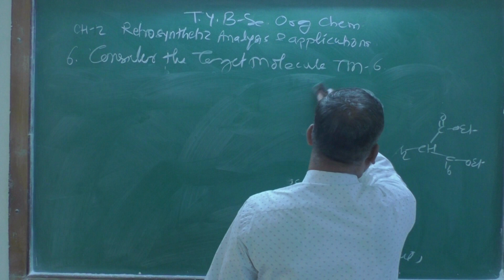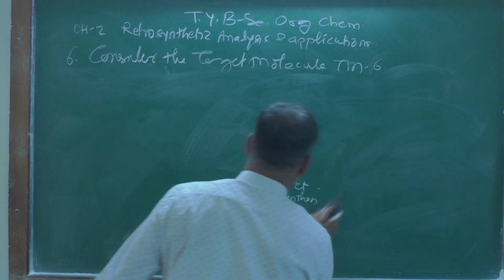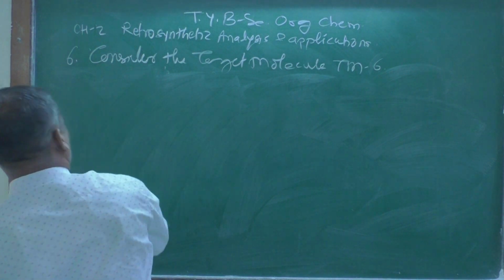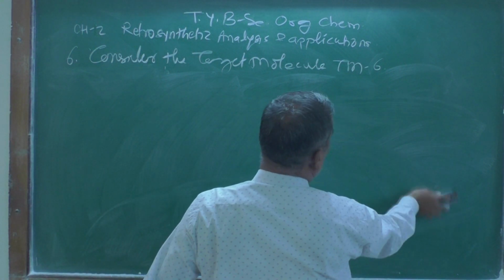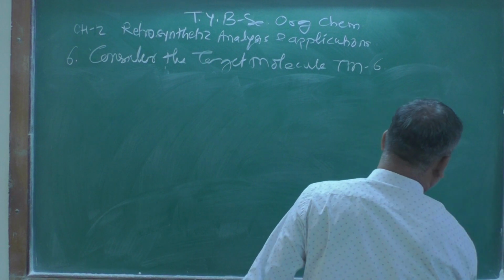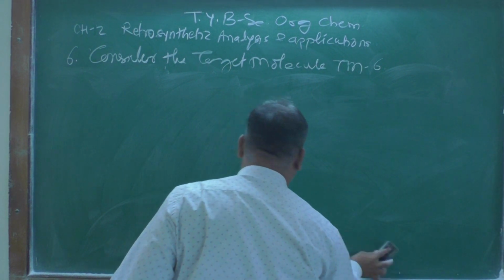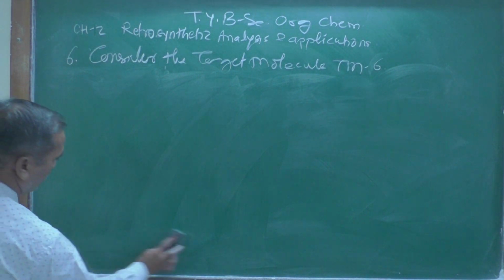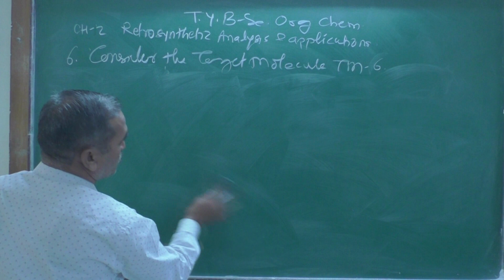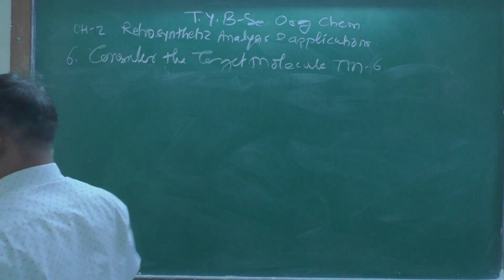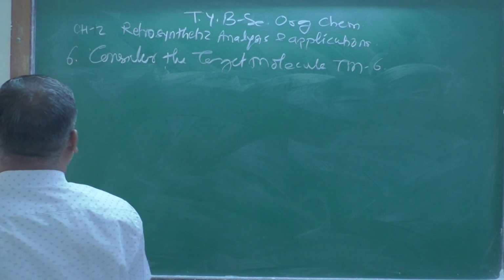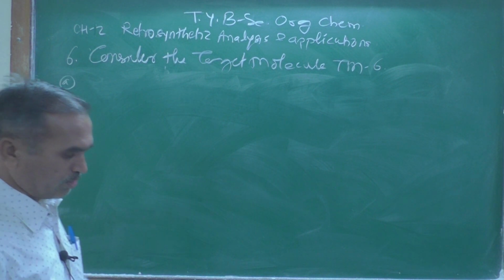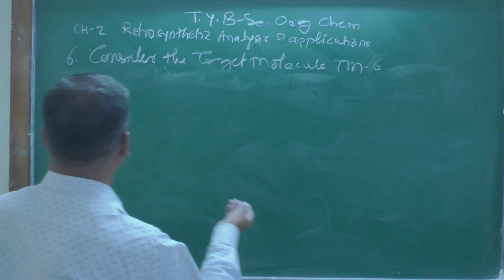In an exam, once you do the retrosynthesis, you have to go backward, arriving at the final product, and you can easily achieve the target molecule by using proper reaction conditions and suitable reagents. Now let us see the first route, route A. Do you remember what points we are getting in?